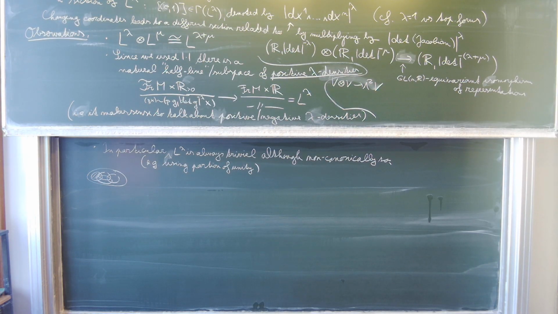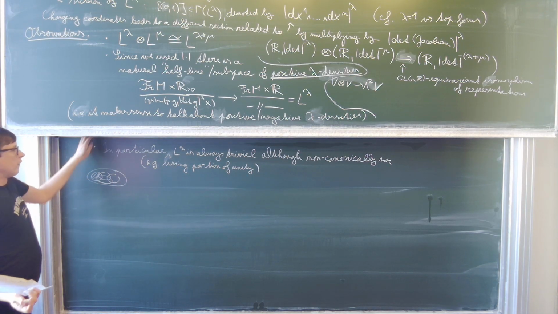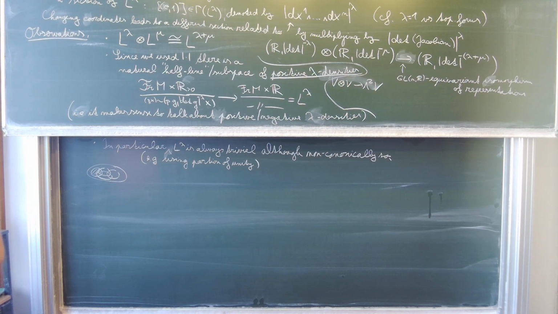Unless of course lambda equals 0, then it's functions, and functions are canonically a trivial line bundle, a preferred identification. It's like positive numbers but with no privileged origin. Yes, that's right. The positive thing is essentially an R torsor, like an R principal bundle.